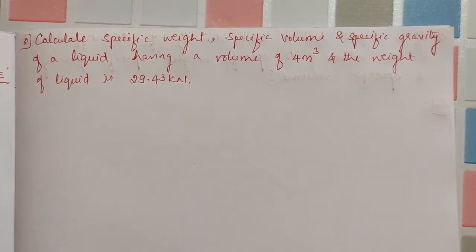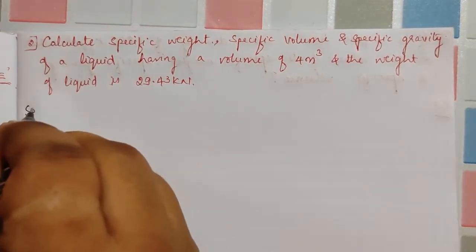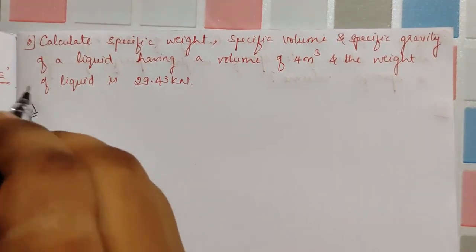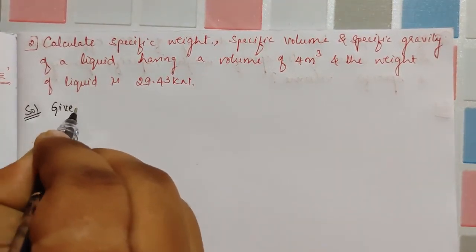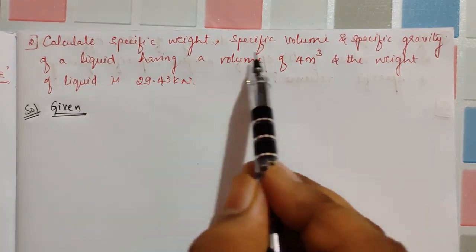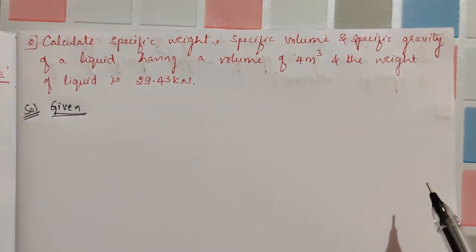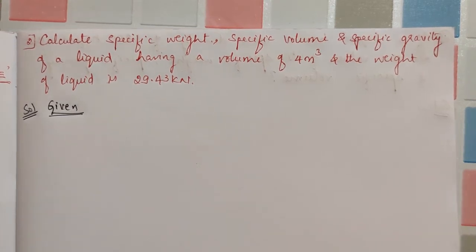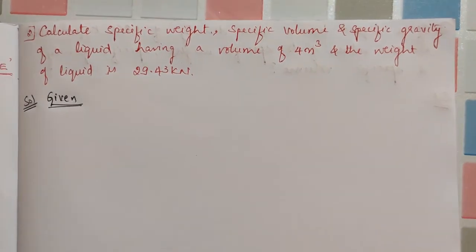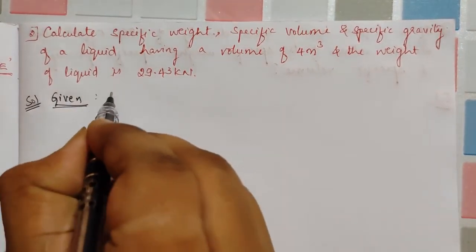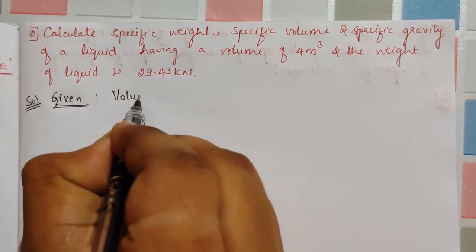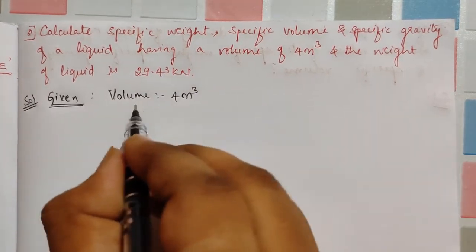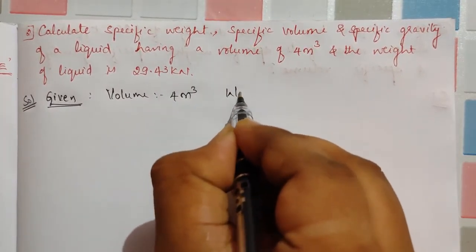So here, calculate specific weight. We'll go somewhat faster now. What is the given data? Calculate weight, volume and specific gravity of a liquid having volume of 4 meter cube and weight of liquid 29.43 kilonewton. The volume is given directly as 4 meter cube, same as the earlier problem, and the weight of the liquid is 29.43 kilonewton.